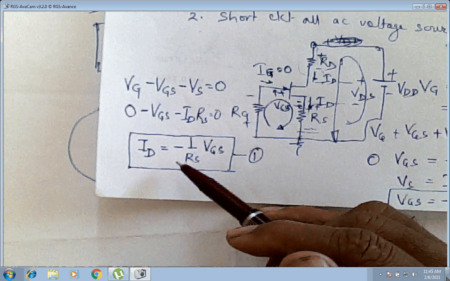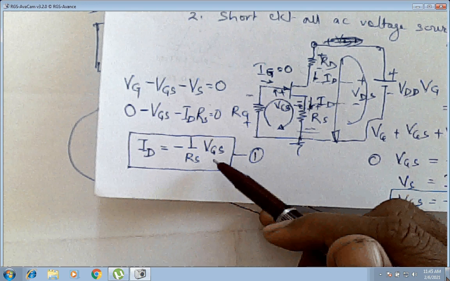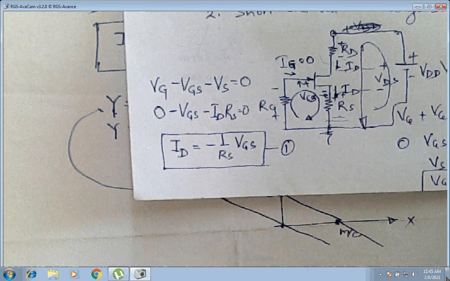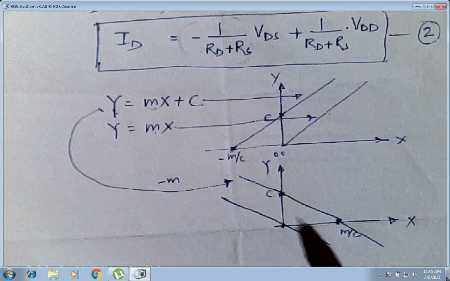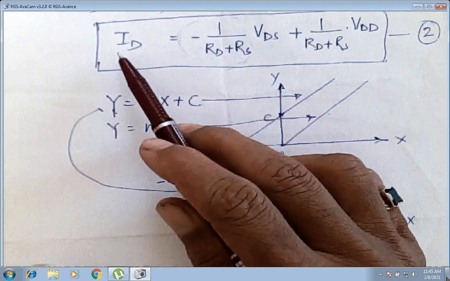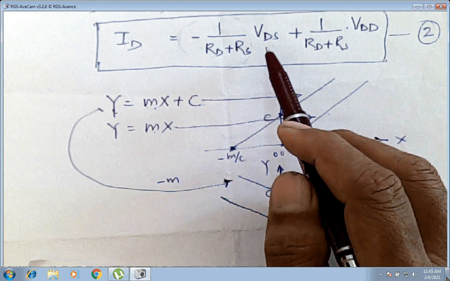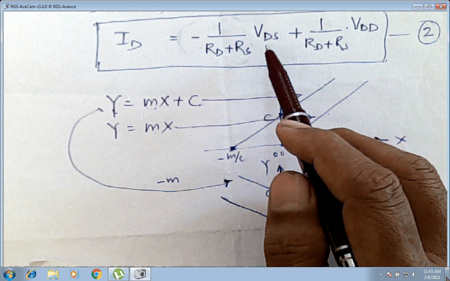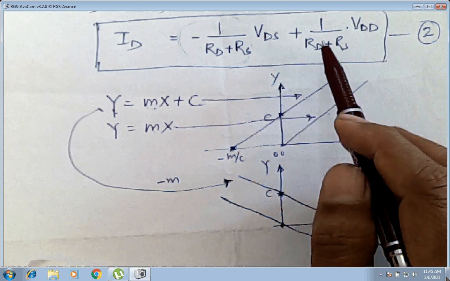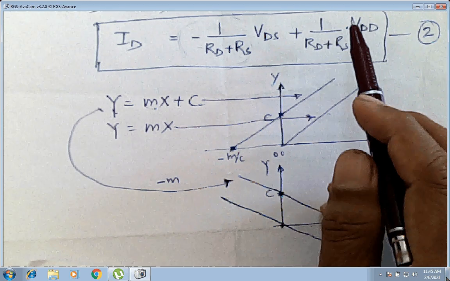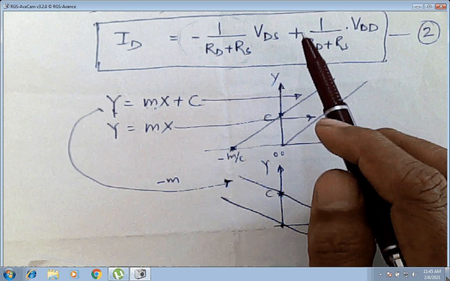ID is equal to minus m into VGS. Okay, so according to our concept, y is equal to mx plus c, where VDS is on the x-axis, so VDS is x, and the rest are fixed quantities which are not x or y, so I'll call this c totally.